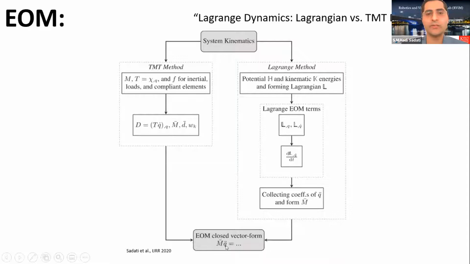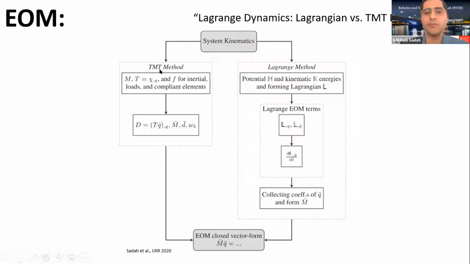Basically, the mass matrix times accelerations equals the right-hand side of the equation, and you can formulate a numerical integration scheme to solve it. But as you see, the TMT method requires fewer steps and no collection of coefficients is needed. So it's really beneficial to use the TMT method if you're developing software.